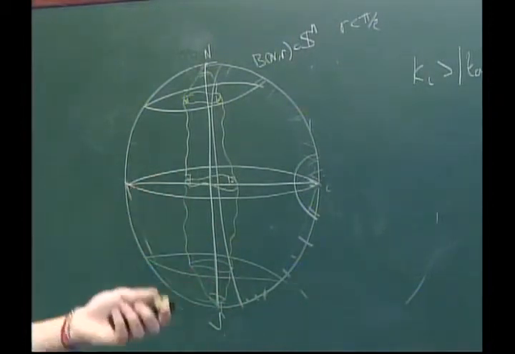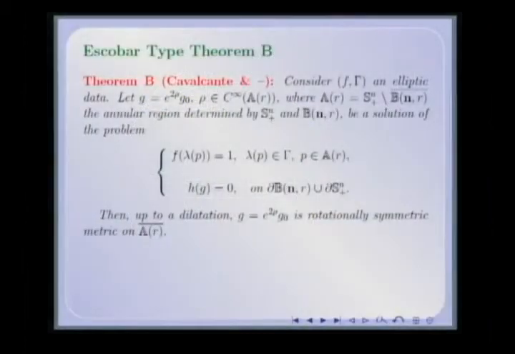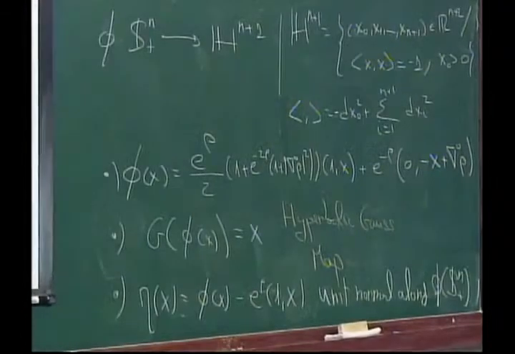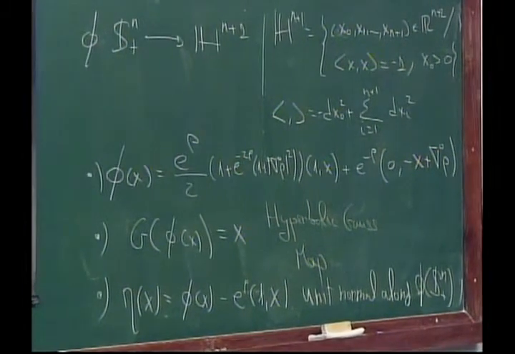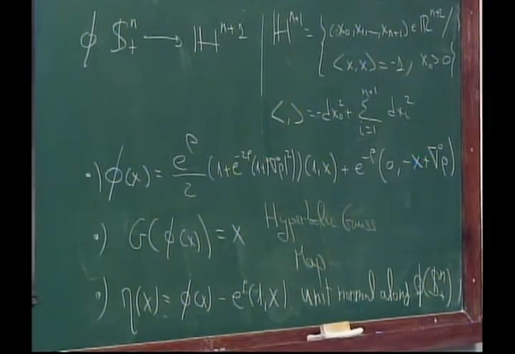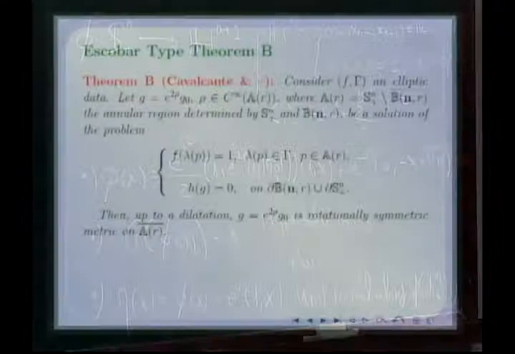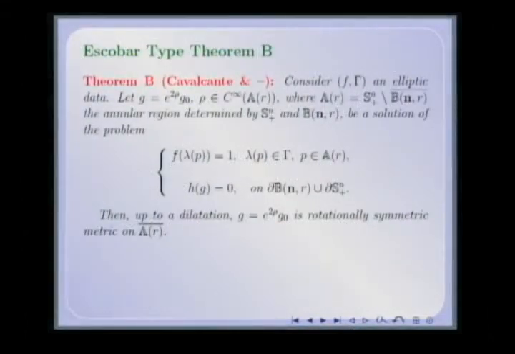So this induces a rotational symmetry property for the function rho that we started with. And then we can prove that, up to a dilation that we did at the beginning, this conformal metric has to be rotationally symmetric.